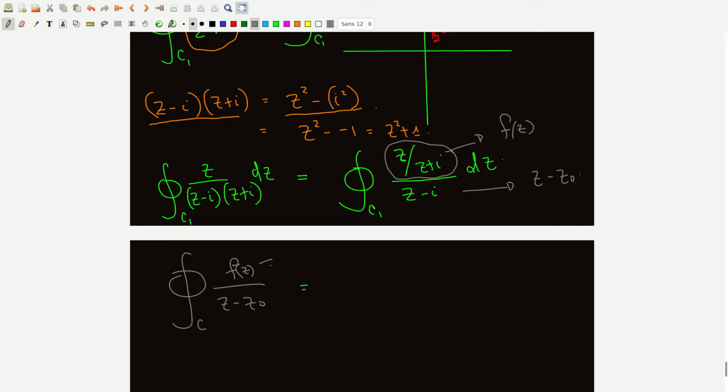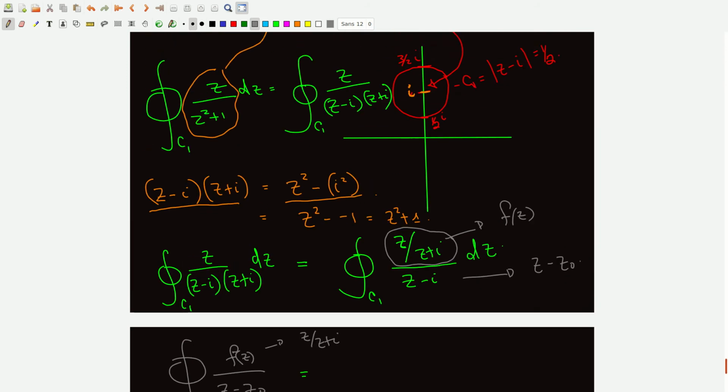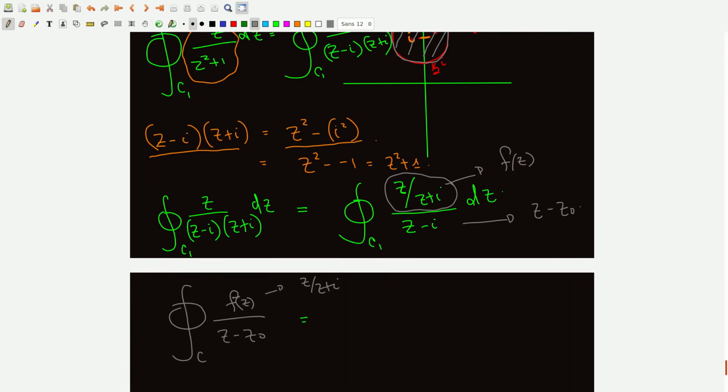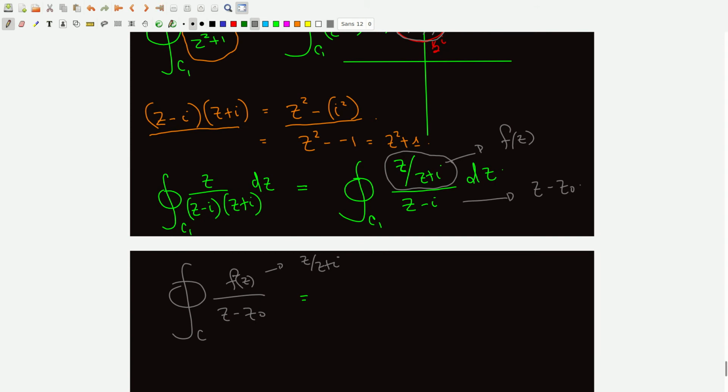Of course, f of z here has to satisfy the condition that it is analytic inside C, and for sure this f of z here, which is z over z plus i, indeed is analytic inside this curve here. It is analytic on and inside C. There is no point inside or on C which will make this z over z plus i non-analytic. Okay?